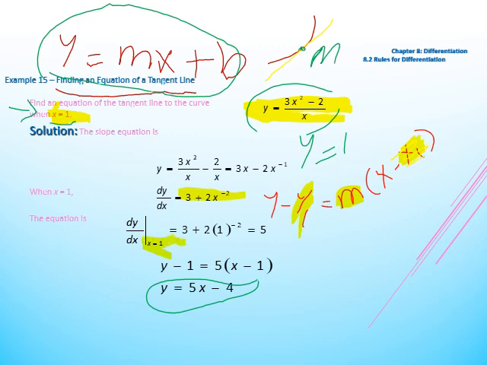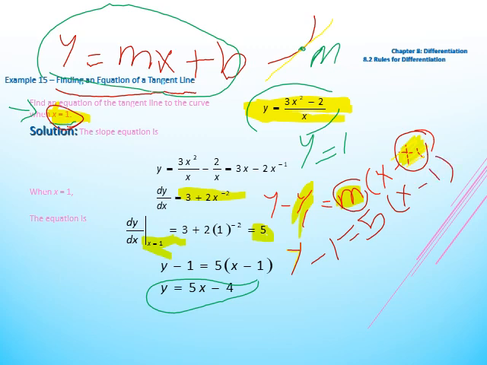At x equal 1, the first derivative equals 5. So we have y1 equal to 1, m equal to 5 from the first derivative at x equal 1, and x1 equal to 1.